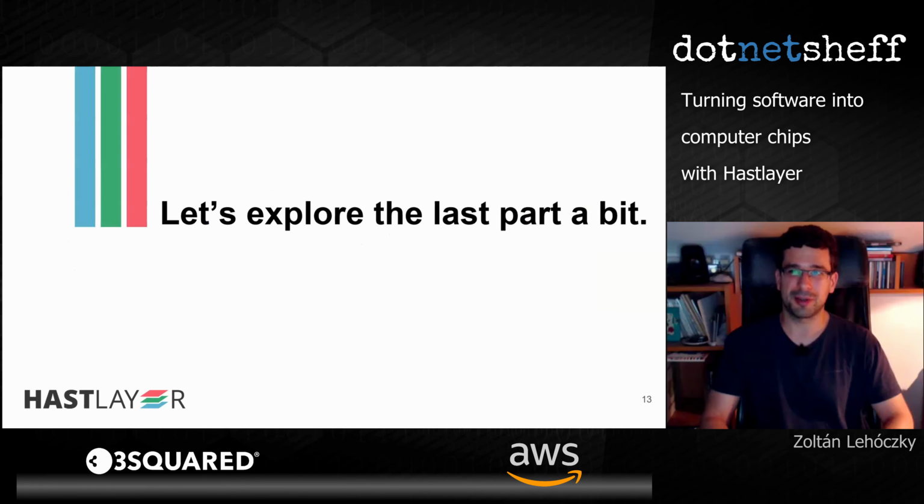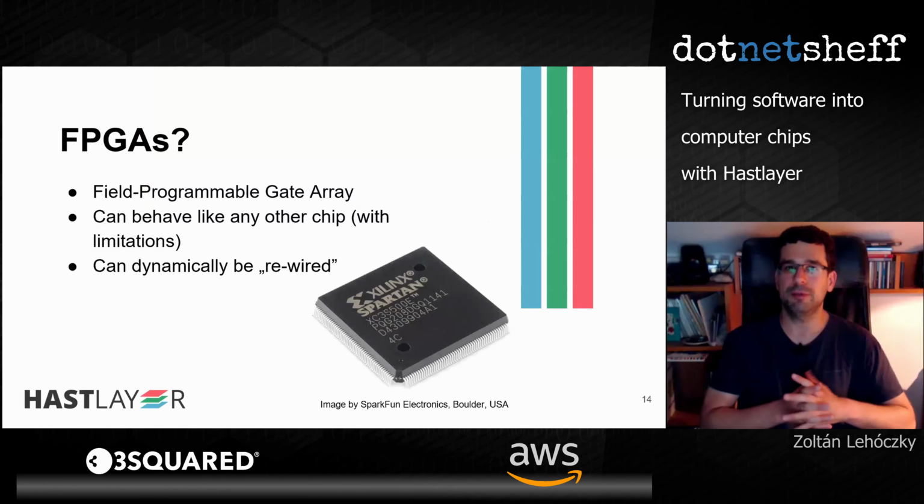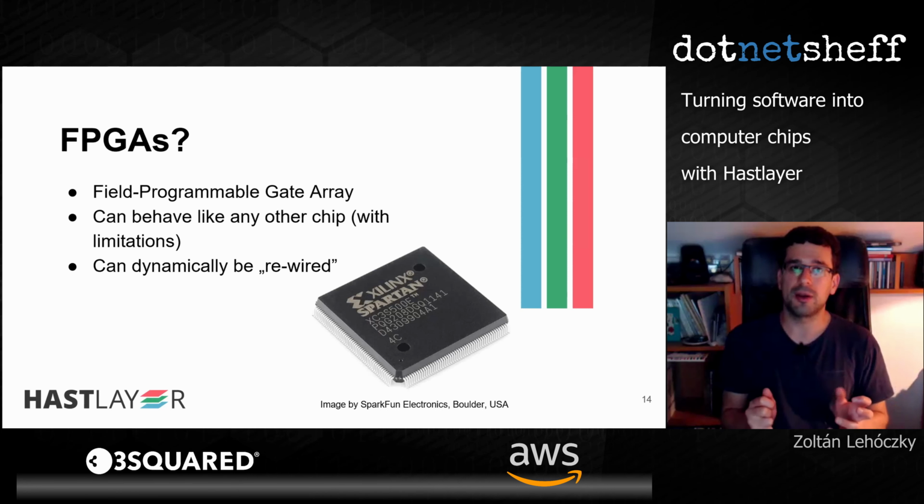Now, let's talk about FPGAs, because you probably haven't heard or haven't used FPGAs that much before. An FPGA is a field programmable gate array. That means it's a chip that can, within limitations, of course, be dynamically reconfigured or rewired. So that means that you can make it behave like pretty much any other computer chip.